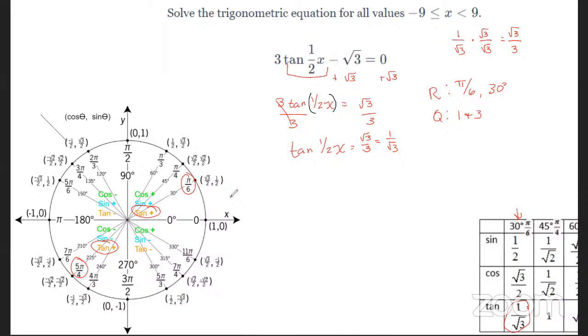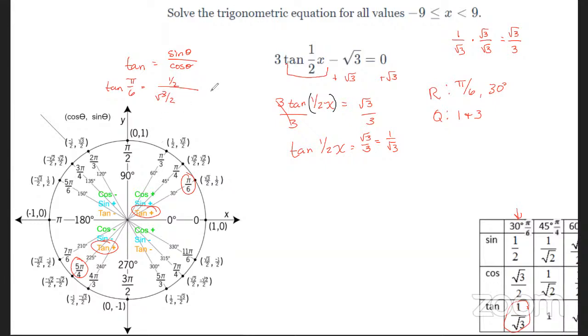And let's confirm that by looking at these. And remember, tangent is equal to sine of theta over cosine of theta. So let's look at this. For pi over 6 tangent, our sine for pi over 6 is going to be 1/2, and cosine is going to be radical 3 over 2.